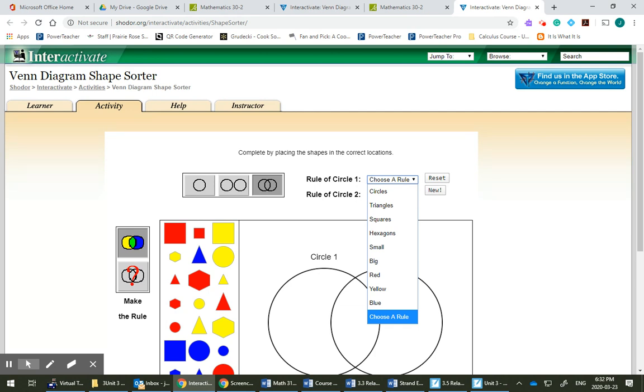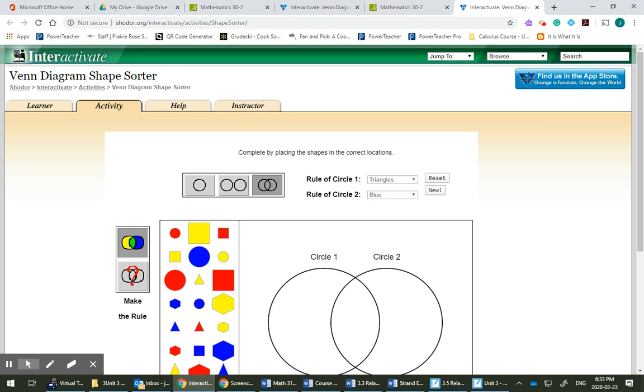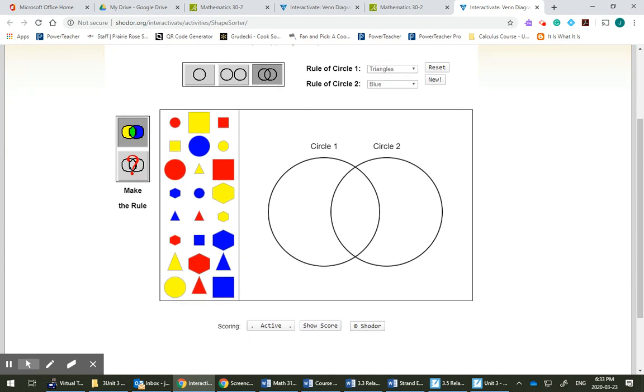And so I'm going to go with triangles. Circle 1 is going to represent all of the triangles, and circle 2 is going to represent all of the shapes that are blue. So as I start sorting, anything that is a triangle goes in circle 1, anything that's blue goes into circle 2, but anything that's a blue triangle would go in my overlap.